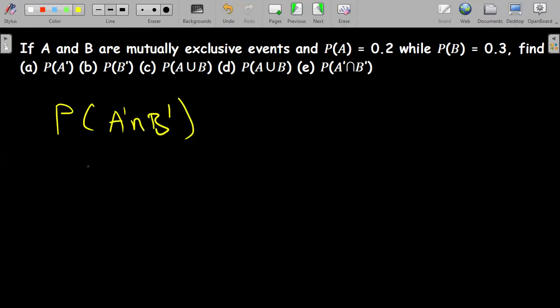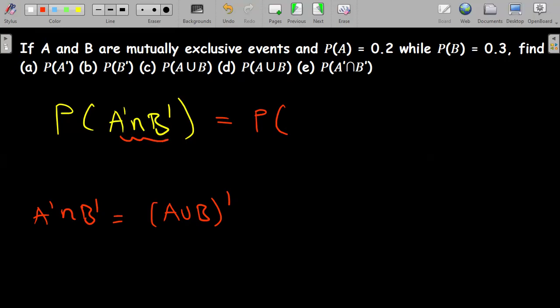From the first year De Morgan's laws, we know that A complement intersection B complement is the same as A union B, and then we write the complement outside, right? So here I'm going to say this is the same as the probability of A union B, and then complement.